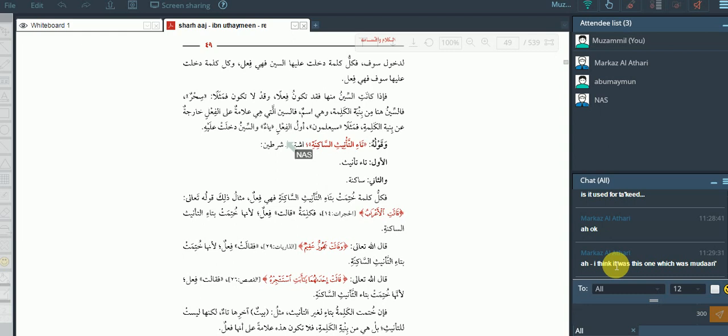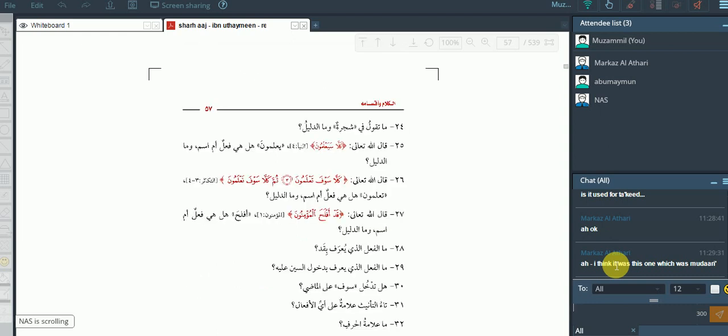Good. So the examples that we find, because seen itself is an indication of the future, it would only naturally come with a present tense verb, and Allah knows best. And then over here he says, does سوف enter upon the past tense verb?